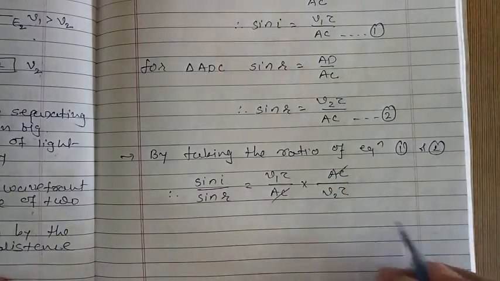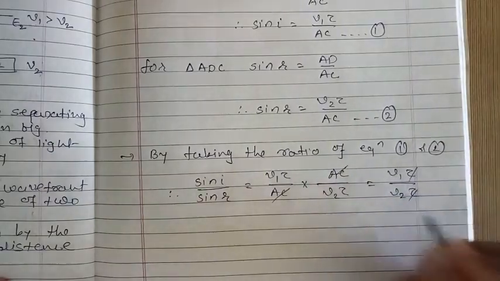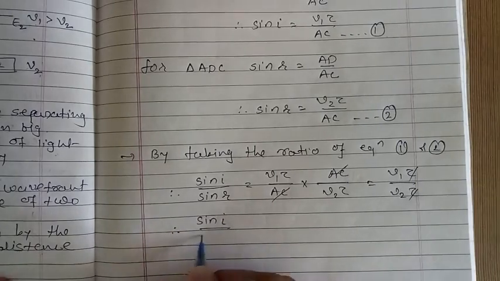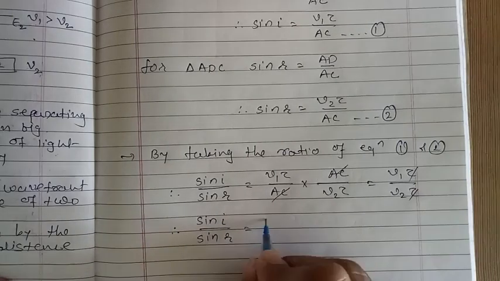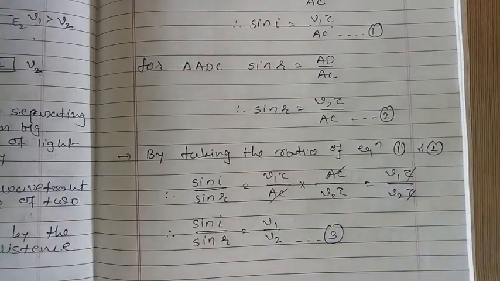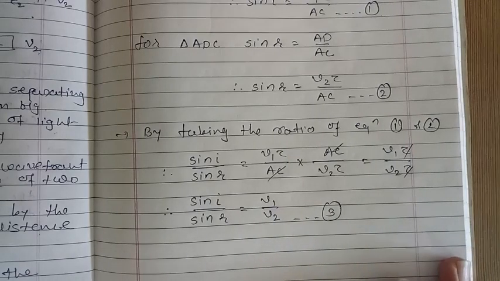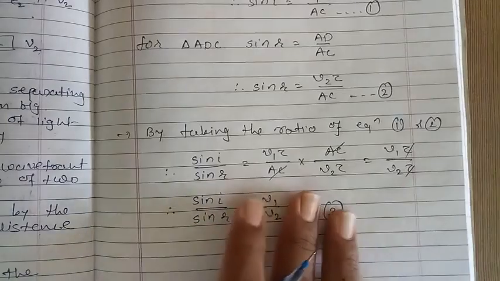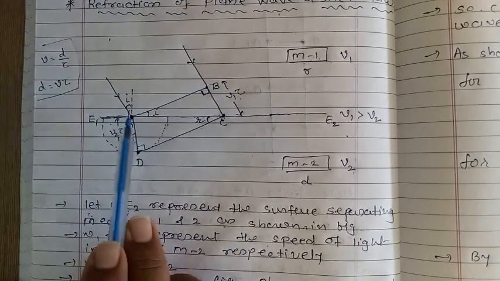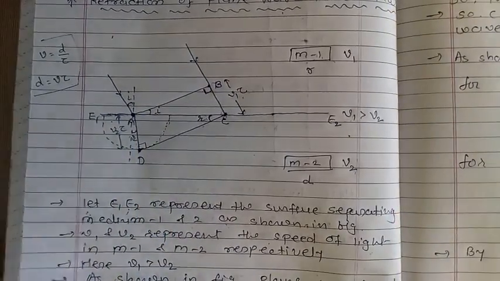Here AC cancels and tau cancels, so we get sin i upon sin r is equal to V1 upon V2, equation number 3, right? Now see this figure, here we can see that i is greater than r, right?